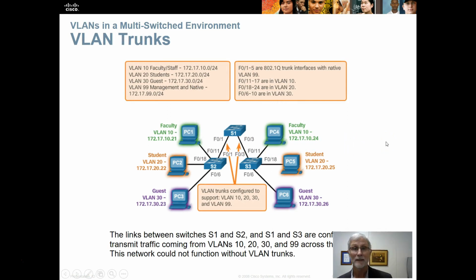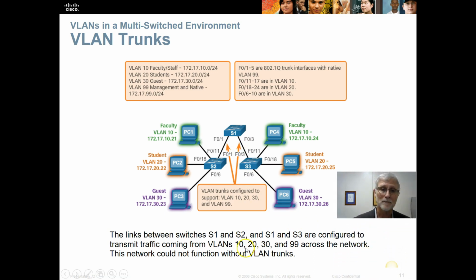Now, the question becomes, what happens when I have a multi-switched environment? Here you've got 3 switches and different VLANs, different network addresses. You've got a management VLAN, so somebody securely changed my security from VLAN 1 to VLAN 99 to make it a secure network. And now we want to configure what traffic can go between the different switches.